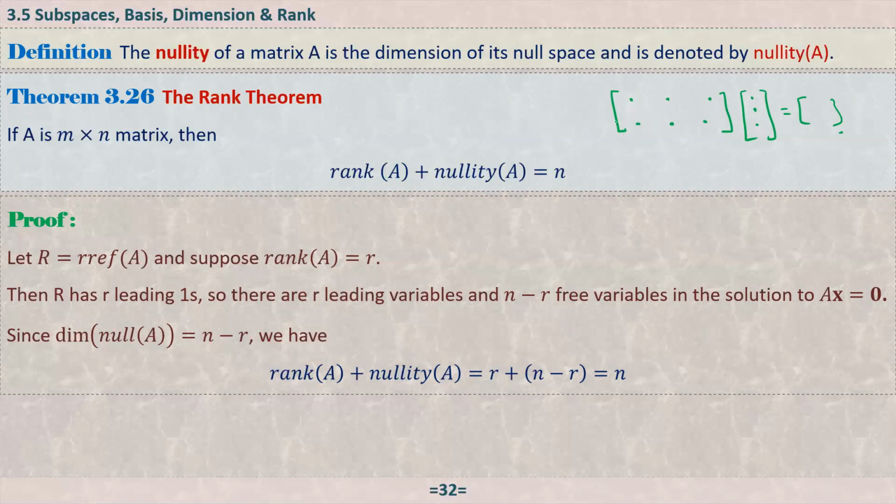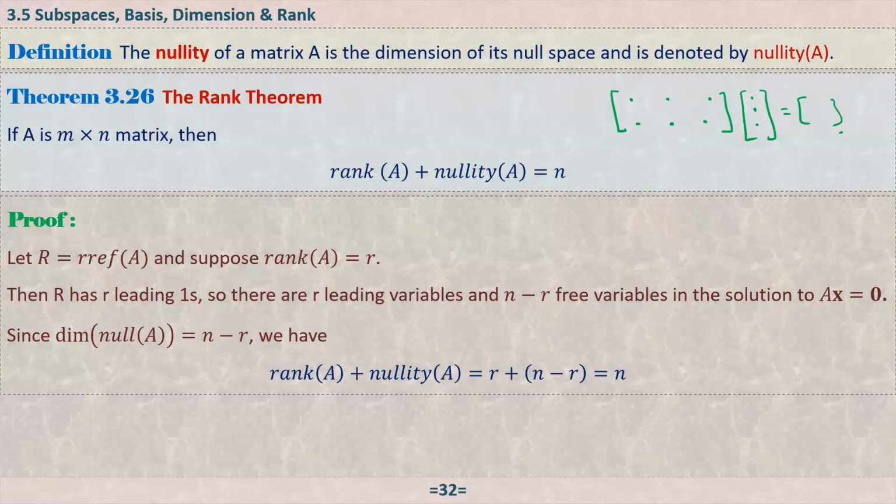And how many independent vectors do we have? For example, if these two rows are linearly independent, that means that the rank is 2. So nullity means the number of vectors in the basis of the null space of A. That means that here we will have one independent variable. Anyway, how do you prove this? The rank of A plus nullity of A is equal to N.